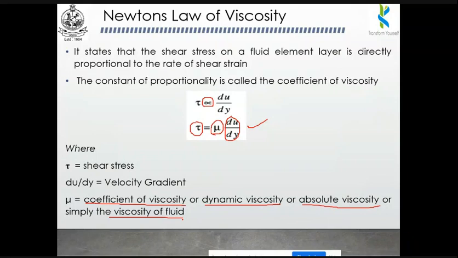Kinematic viscosity is totally different. You can call this mu the coefficient of viscosity, or dynamic viscosity, or absolute viscosity, or simply viscosity. But this mu value is not equal to kinematic viscosity. Kinematic viscosity has a different definition.